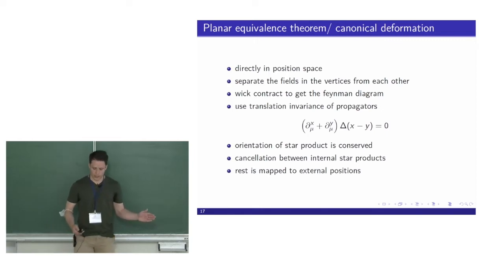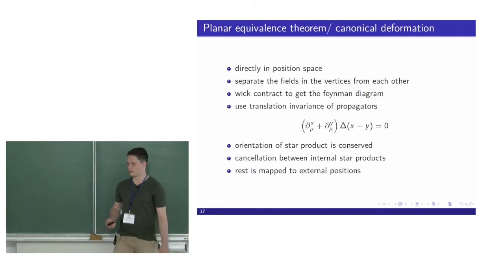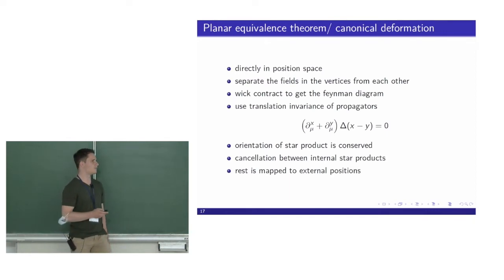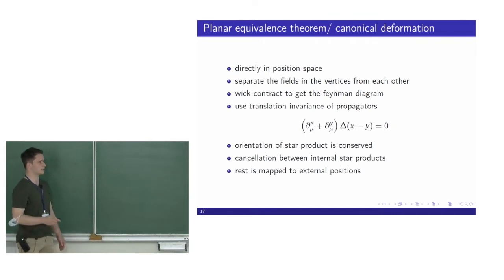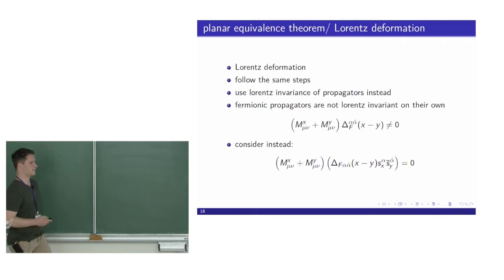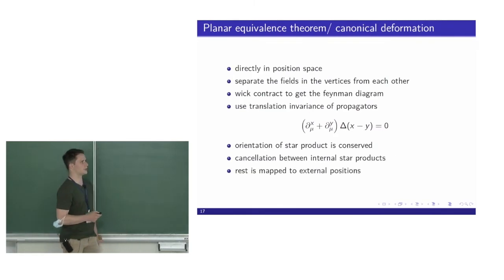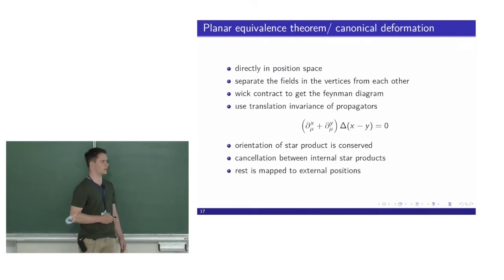In principle, we would like to have something similar as well for the Lorentz deformation. And here we can follow basically the same steps. So again, we separate the fields in the vertices from each other and Wick contract for getting the Feynman diagrams.